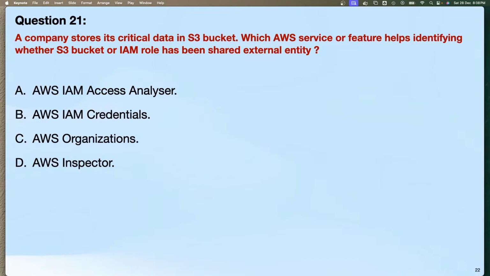AWS Inspector is a service in the security services of AWS, primarily meant within EC2 to check for anomalies and detections, so it is not meant for S3 buckets. If you want to know whether an S3 bucket or IAM role has been provided external access, IAM Access Analyzer is the answer. So 21 is A.